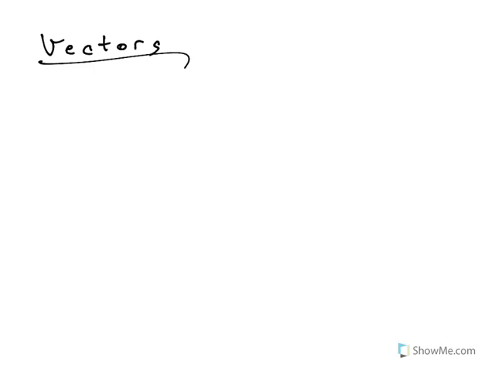So let's start off with a vector. Let's say we have a vector v, which is 10 meters at 30 degrees north of east. Okay. So there's our vector.